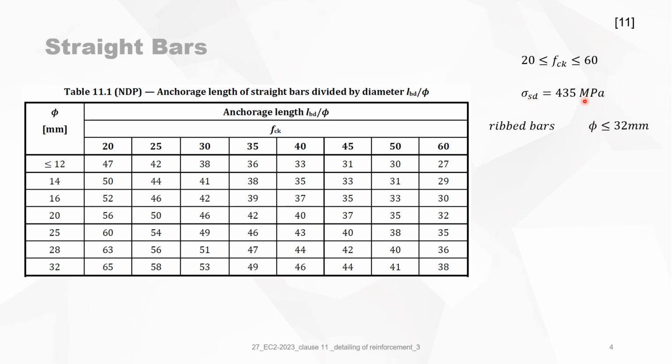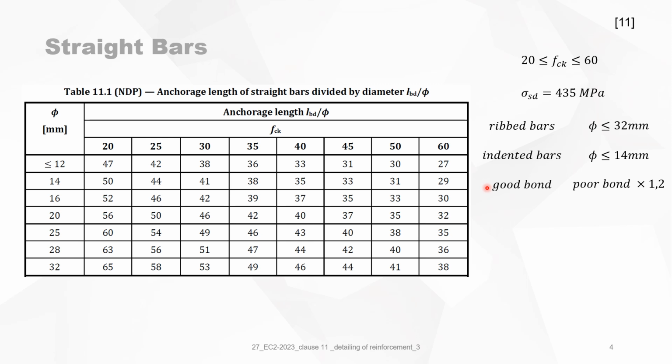You can use this table also for other steel qualities, as long as you know that this table is made for a tensile stress equal to 435 megapascal. The table is made for ribbed bars with a diameter smaller than 32 millimeters. For indented bars, the diameter must be smaller than 14. It's a table for good bond. We will see the definition just now of what good bond means.